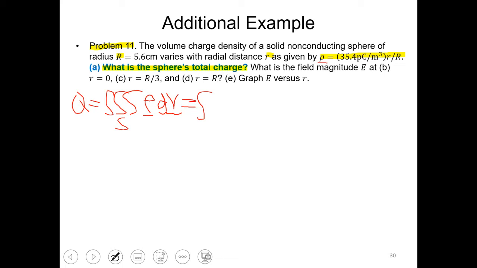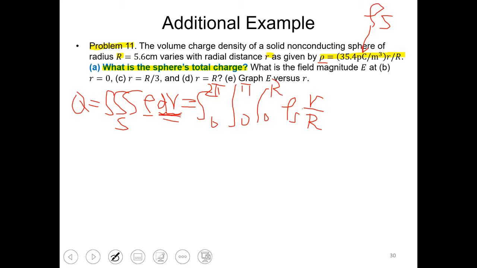I just swapped it. It should be phi and theta like this. So in this case, we should have 0 to 2 pi, 0 to pi, 0 to R. And rho, we can call this one rho s, so we have rho s times small r over capital R. And what is dV?